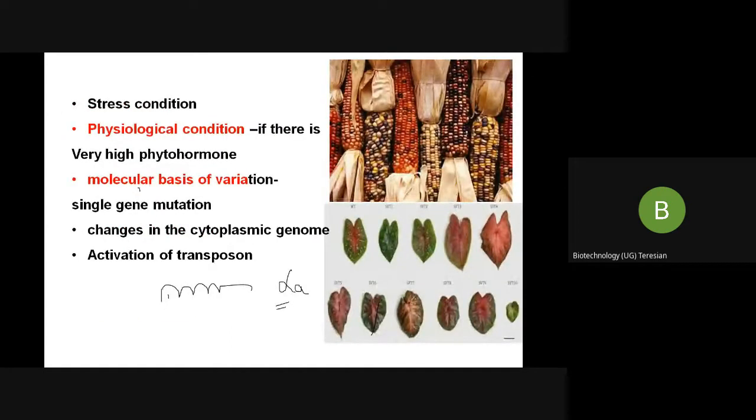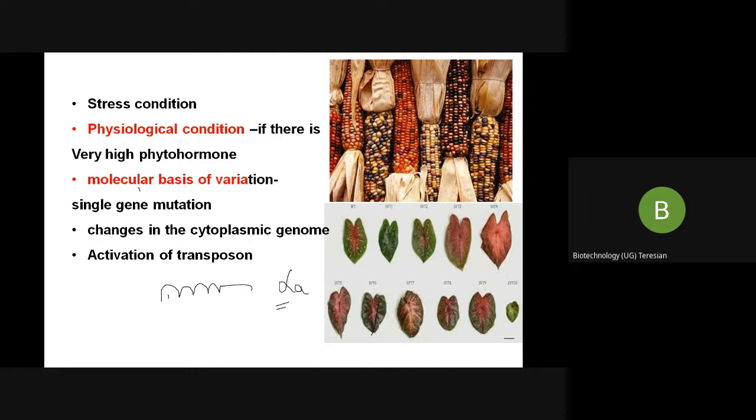Now, can there be a molecular basis of variation? The answer is yes. Okay. So if there is a molecular basis of variation, how? This can arise due to a single gene mutation. Only a single gene is getting mutated, which can happen in your cultured cells because of the conditions we are providing.